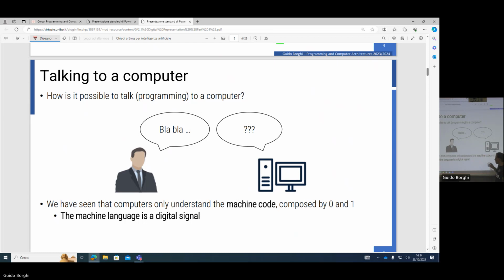So we can say the machine language that we use to communicate with the computer is a binary digital signal, or simply a digital signal, since we have only two different values, 0 and 1. So we close the circle: digital signal, computer, machine language, only 0, 1. The machine language is a digital signal.